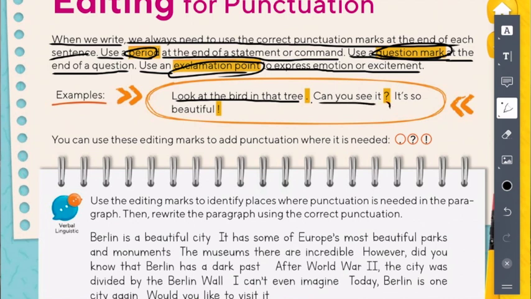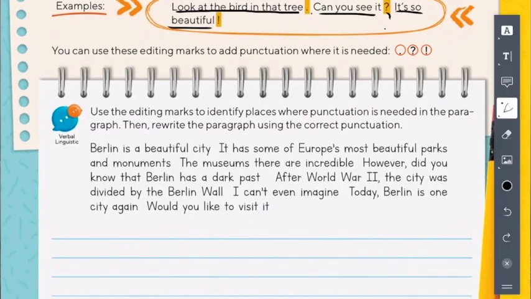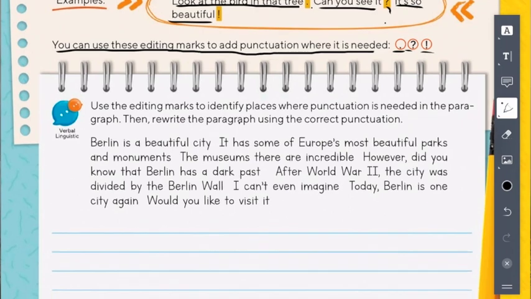Example: Look at the bird in that tree, period. Can you see it? Question mark. It's so beautiful! Exclamation point. Excellent. This is something that you already learned, right? But we're going to review it. Let's read. You can use these editing marks to add punctuation where it is needed. Period, question mark, and exclamation point.